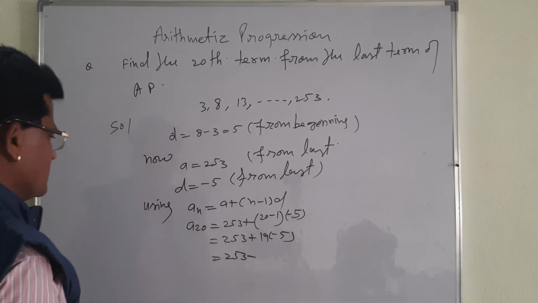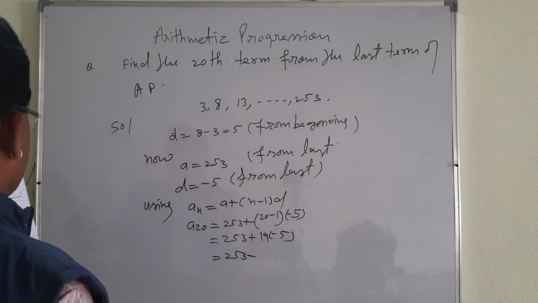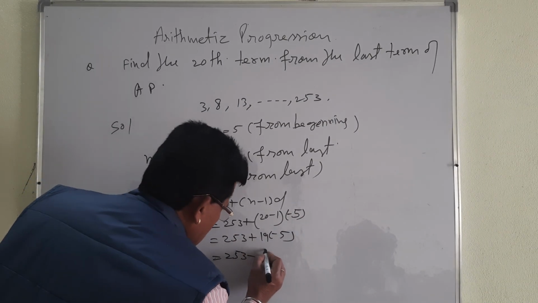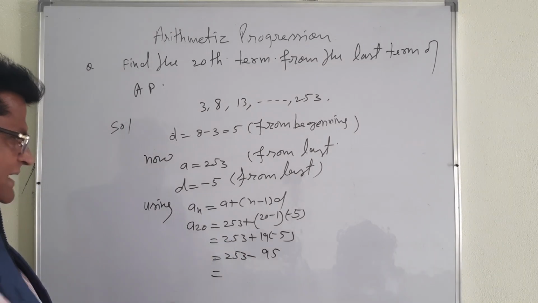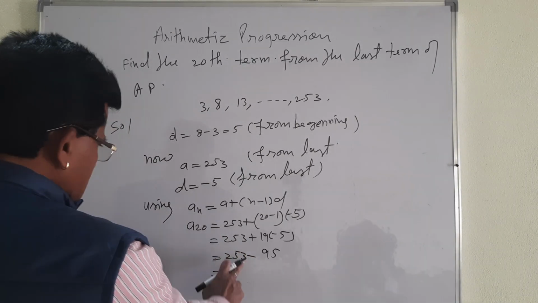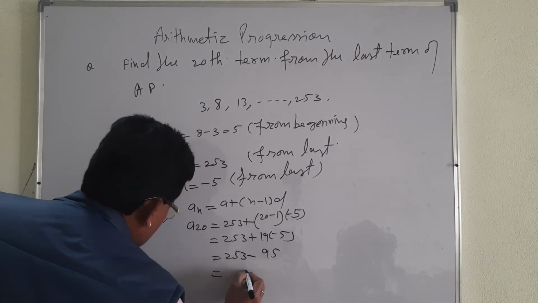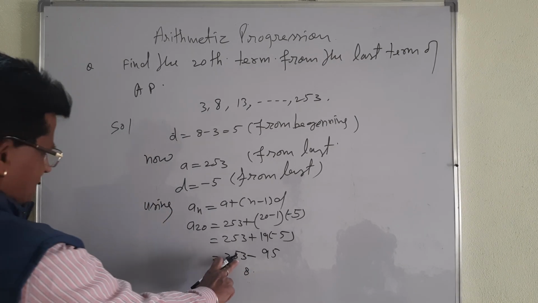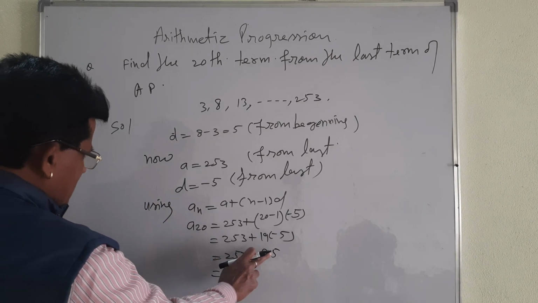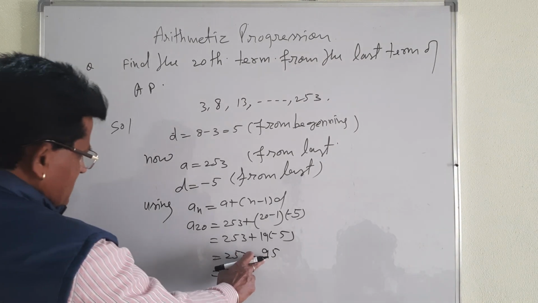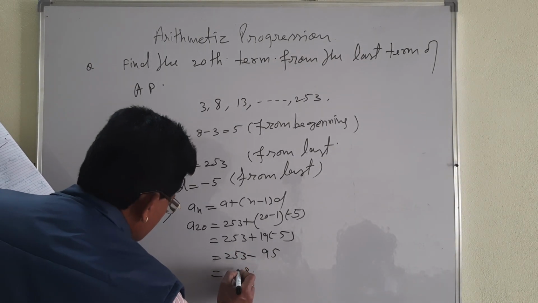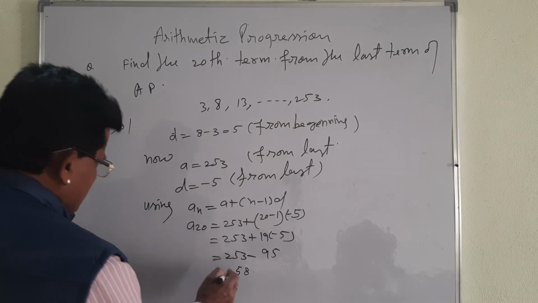253 minus, my dear student, you see 19 fives are 95. And 253 minus 95, you subtract it. 13 minus 5 is 8, then 14 minus 9 is 5, and here it is 1.